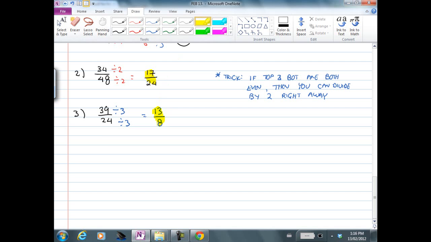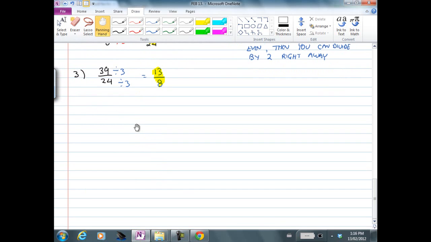Guys, gals, this is called simplifying fractions. Is it easy? Yeah, it's pretty easy. It's not that bad. Try a few more, and then I'm going to give you some worksheet work for today, and that's it. Same concept. 26 over 28.